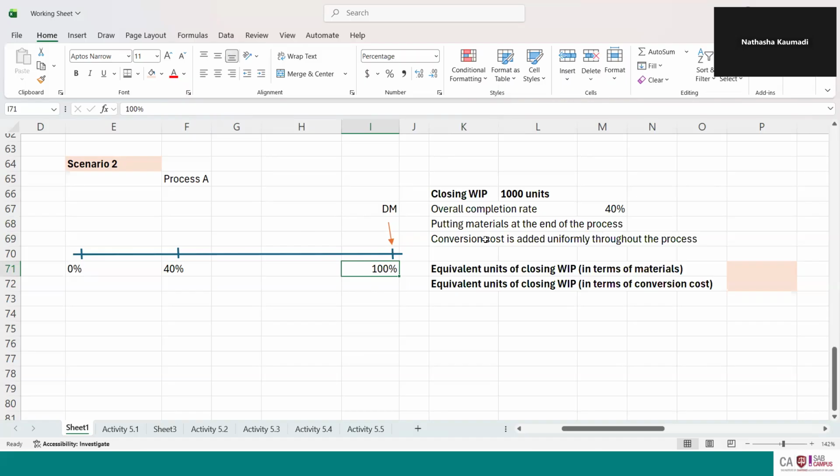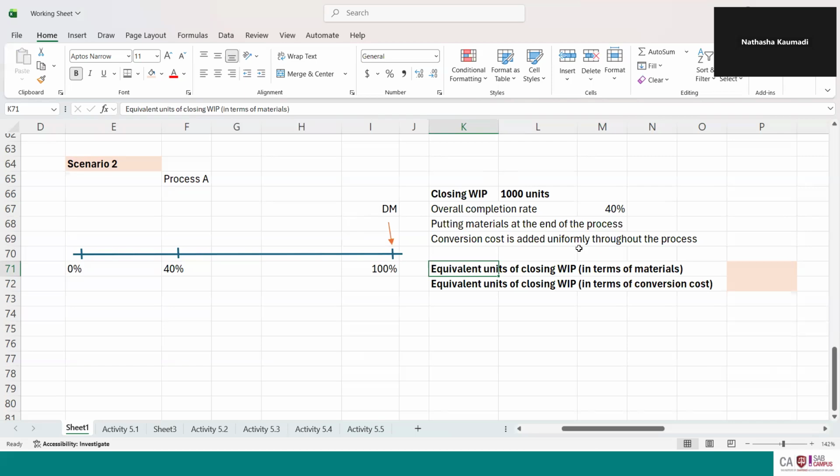Conversion cost doesn't change. Usually this is the clause you get in process costing questions. Conversion cost is added uniformly throughout the process. Right. Now my problem. Equivalent units. Calculate equivalent units of this 1,000 closing WIP in terms of materials.